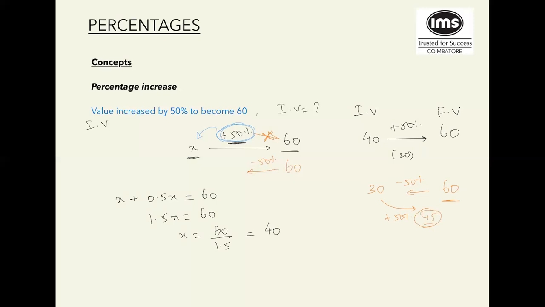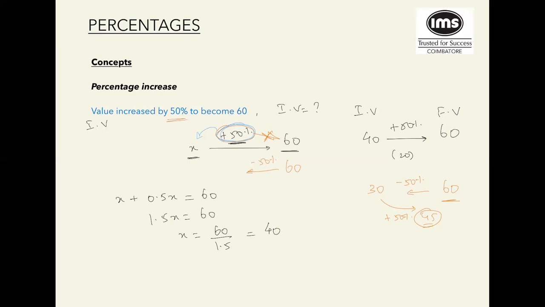So it is very critical when they say something is increased by 50% to give 60 or some final value. You should always be mindful of which percentage. It depends on how the question is framed. So be very careful of what percentage you are taking.